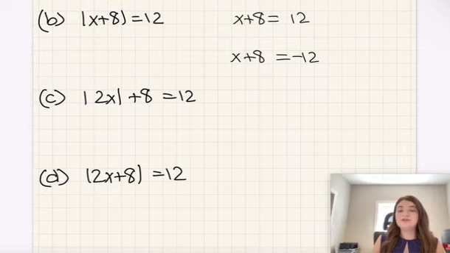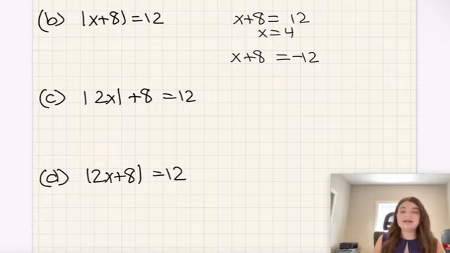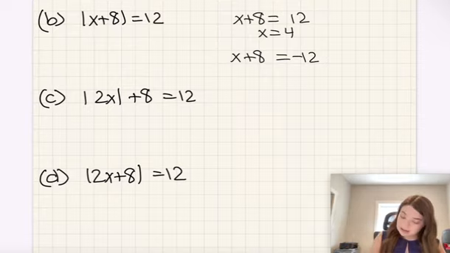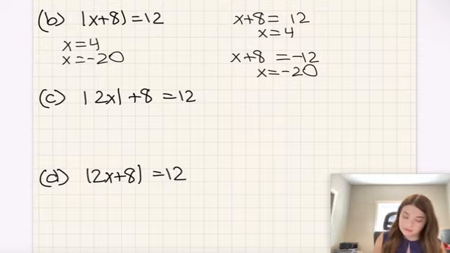So now we have to solve both of these expressions, and that will give us the final answer. So with x plus 8 is equal to 12, that means x is equal to 4. And if x plus 8 is equal to negative 12, if we subtract 8 from both sides, we get x equals negative 20. So therefore, our final answers are x is 4 or x equals negative 20.